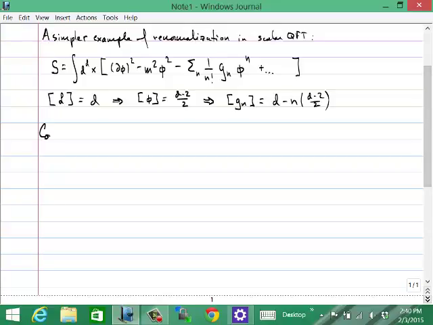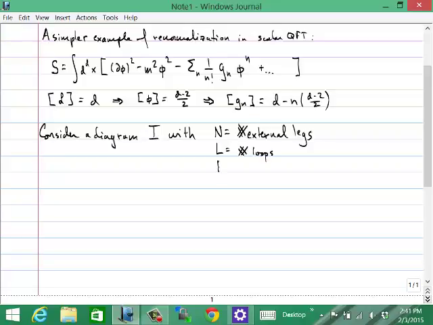And so what I'd like to do is consider a Feynman diagram, say, let's call it I. This Feynman diagram will have some number of external legs, so external phis. It'll have some number of loops that I'll call L. Some number of internal propagators.